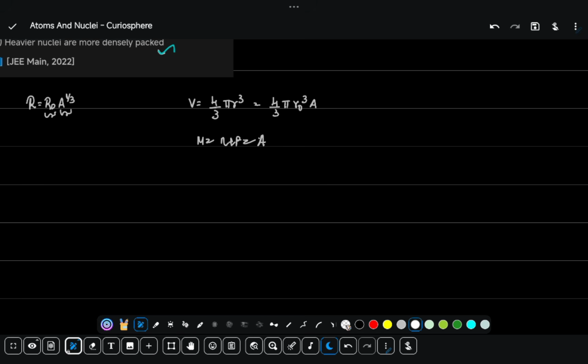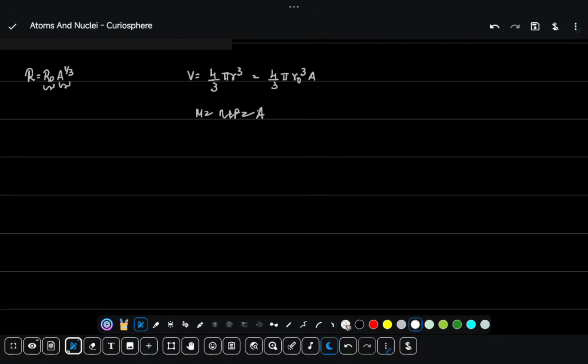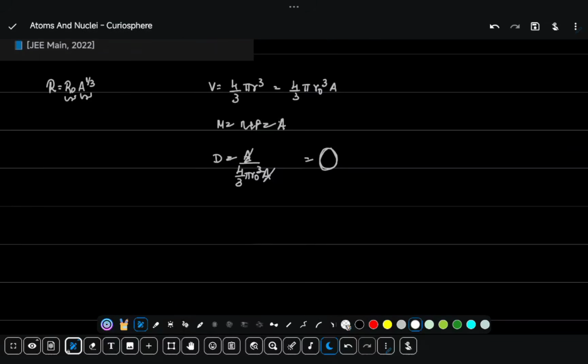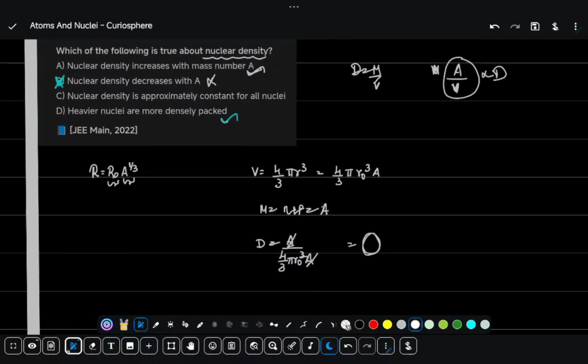Now if you substitute this in the basic formula, density is equal to mass by volume, you will get A by 4 by 3 pi R naught cube A. You will get it as a constant, right? You will get it as some constant. Density is some constant because 1 by 4 by 3 pi R naught cube, everything is a constant.